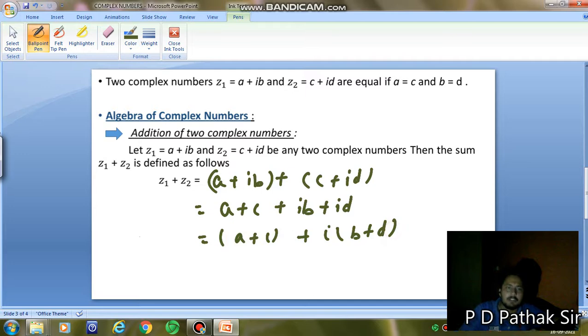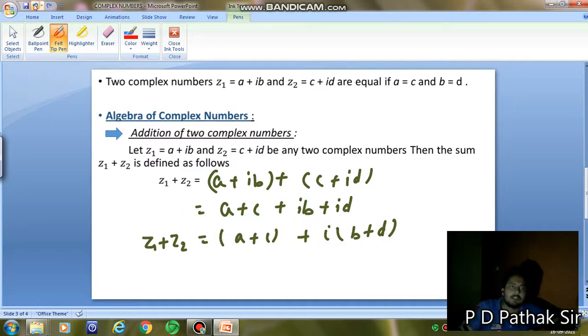It means when you add any two complex numbers, you add the real part to the real part and the imaginary part to the imaginary part. So this is the addition of two complex numbers.